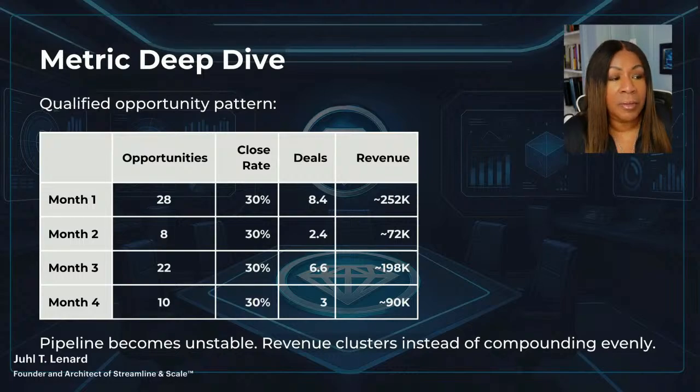Month 4, 10 opportunities, 30% close rate, 3 deals, 90,000 in revenue. So the pipeline is unstable. The revenue is clustering, but it's not compounding evenly, okay?